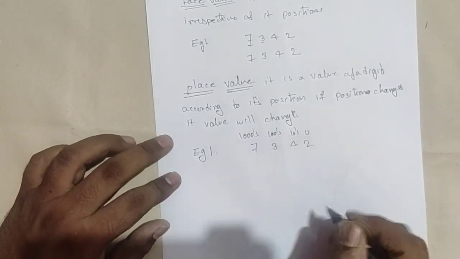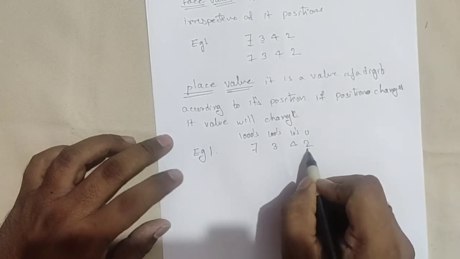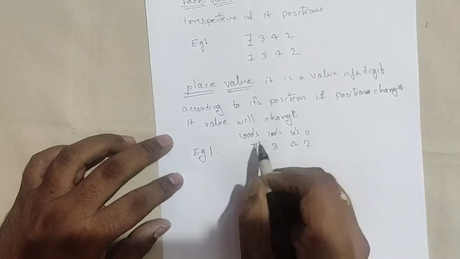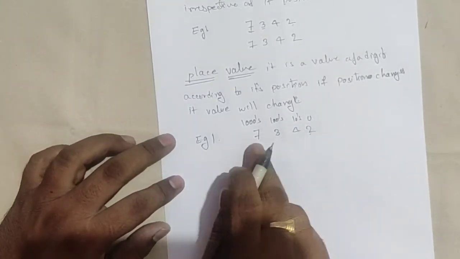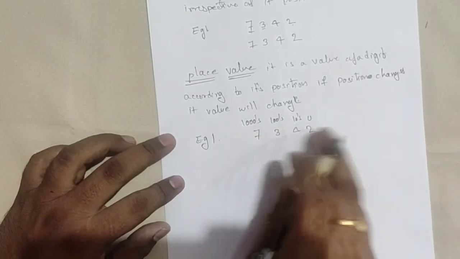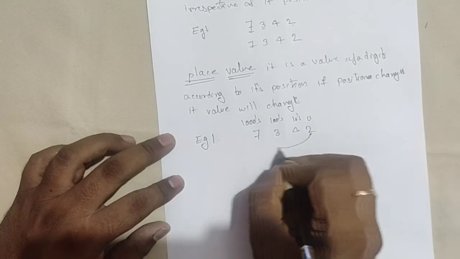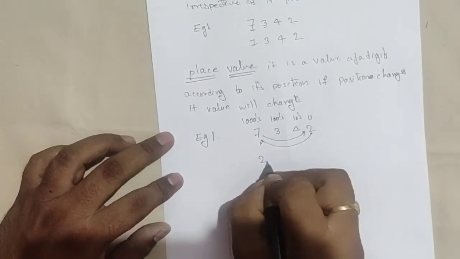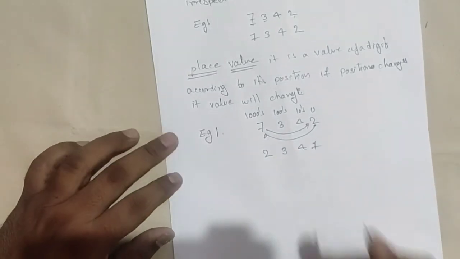If I swap these two numbers, 2 and 7, see, it is 7000, but if I change these places it's going to become 2000. Now it becomes 2347.